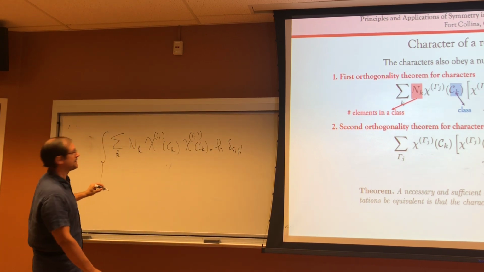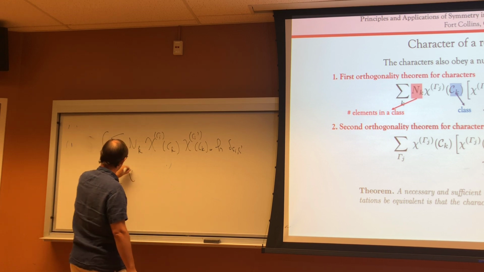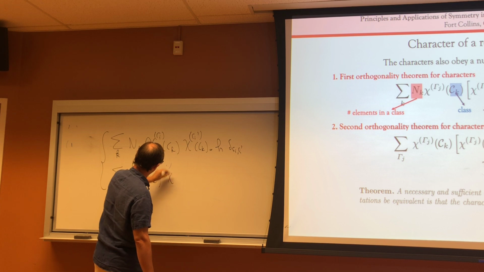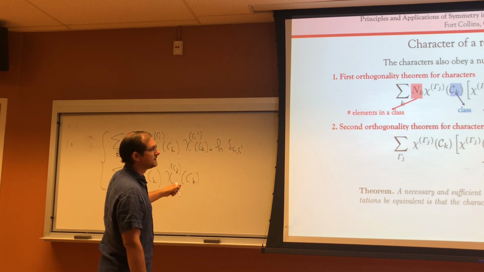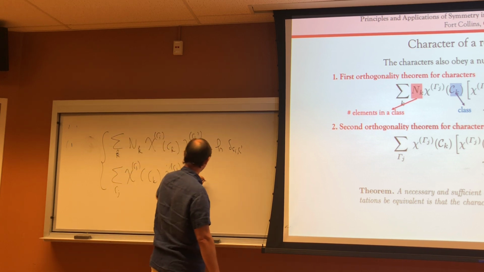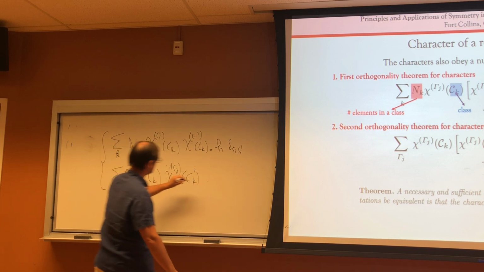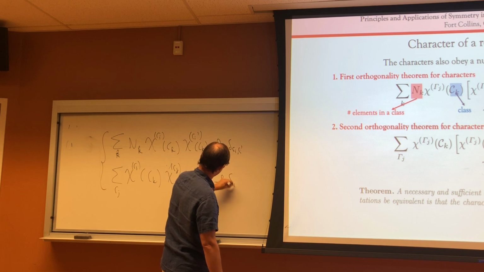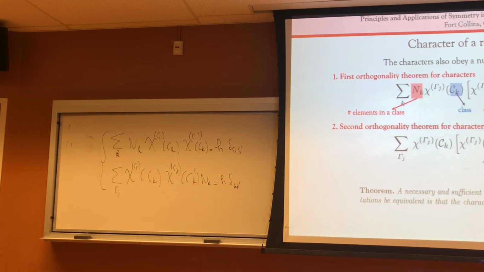The other theorem tells you that if you sum over all the classes, the product of the characters of two different transformations must be, in this case, oh, there's an NK also. There's an NK here. h delta k k prime. Okay.